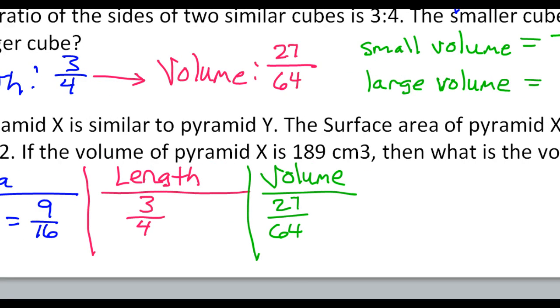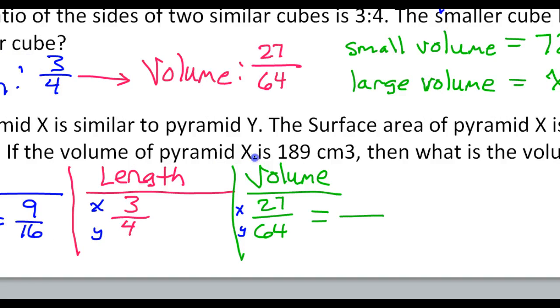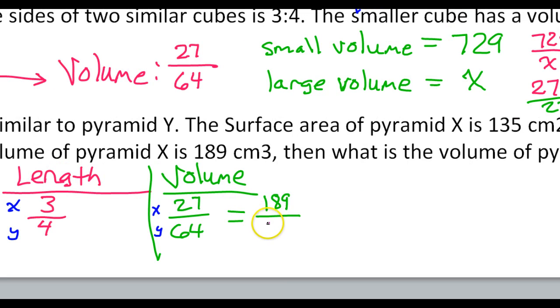Keeping track of that all the way through, this is X over Y, and this is X over Y. When we set up our volume problem, the volume of pyramid X is 189, so 189 goes on top. And what is the volume of pyramid Y? That's the thing we don't know, so that goes on the bottom.